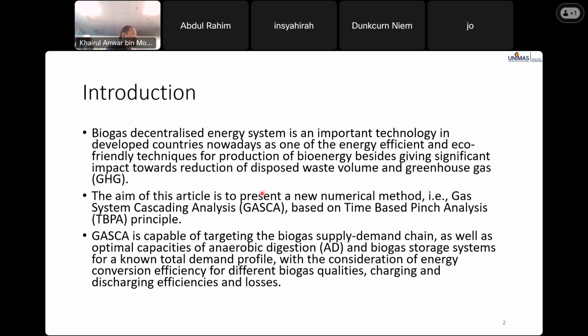Biogas is typically derived from anaerobic digestion of biomass. Common biomass feedstock comprises organic fraction of municipal solid waste, sewage sludge, animal byproduct, as well as palm oil mill effluent.